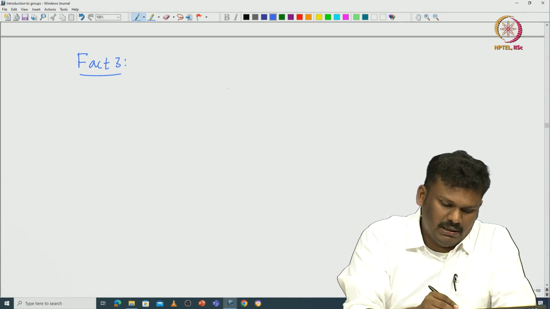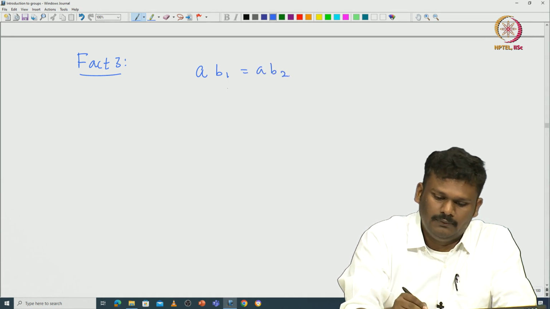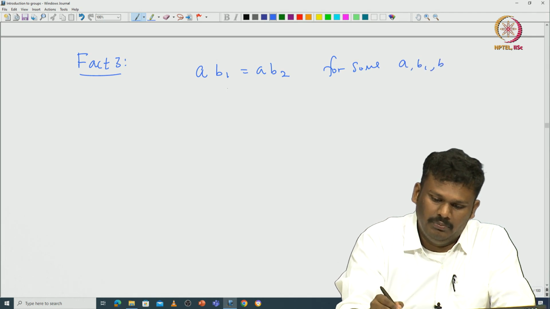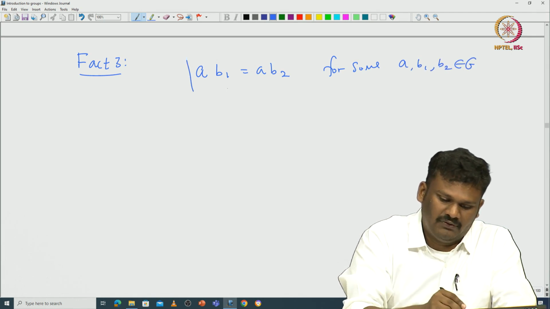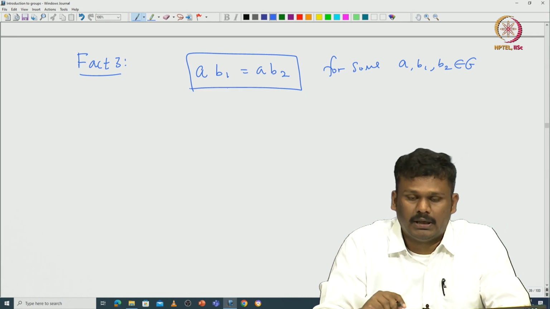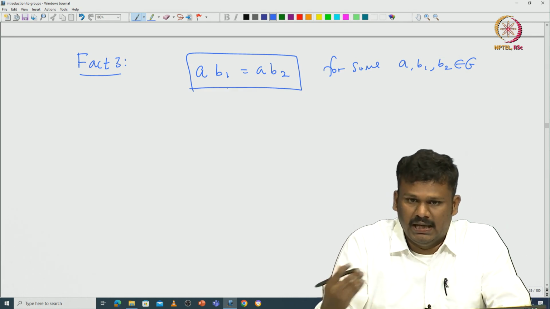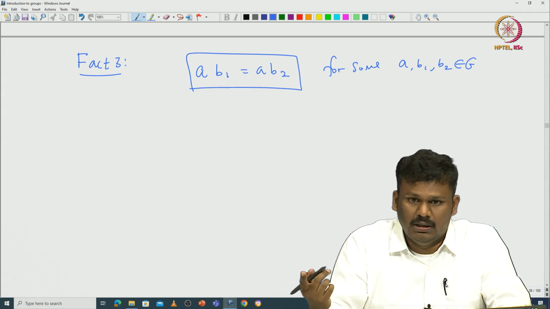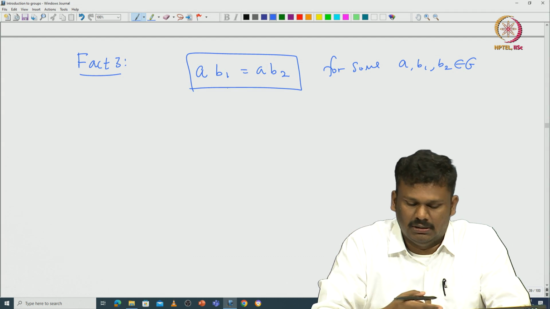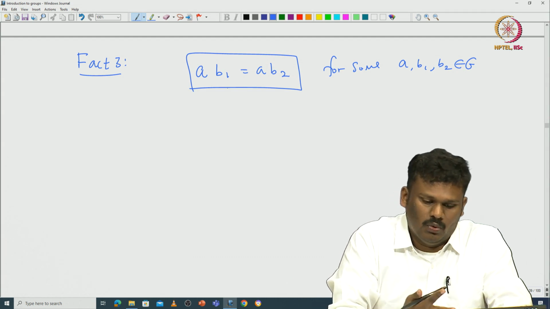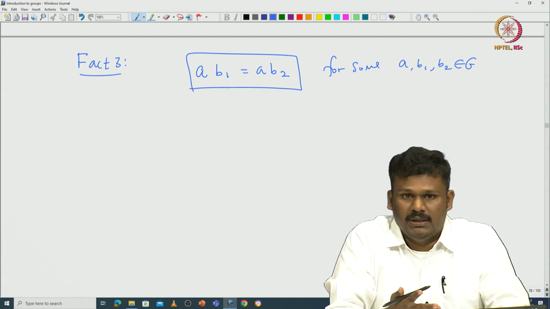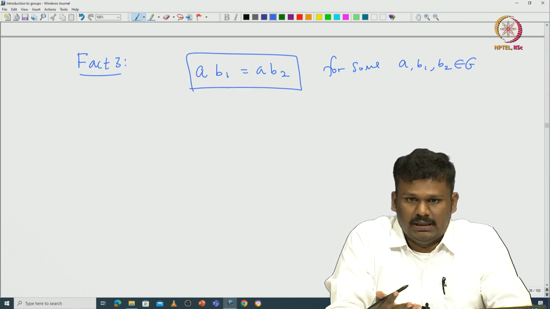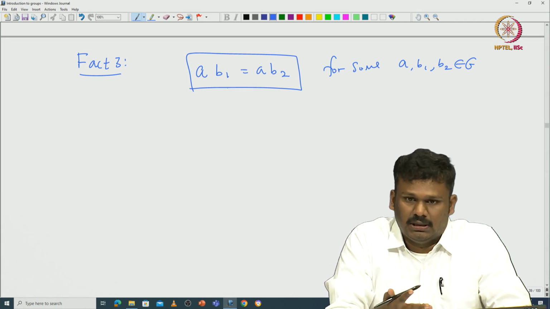So, what I mean by that? Let us say you have AB1 equal to AB2 for some A, B1, B2 inside G. So, you have some equation like this. Sometimes you will have an equation like Ax equal to B, that kind of linear equation you must have seen. So, similar to that we have this equation. Now, we do not know what this group or these A, B's are, but we are saying that there is such an equation abstractly.